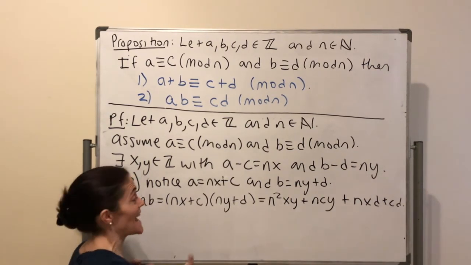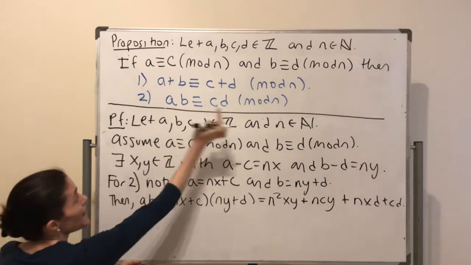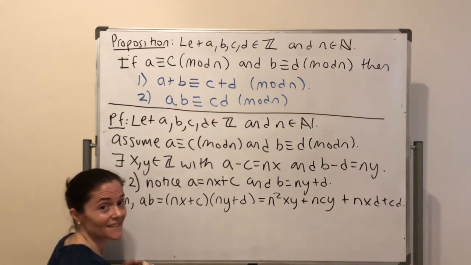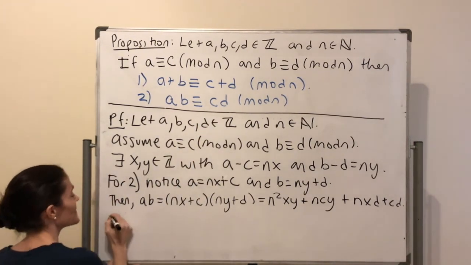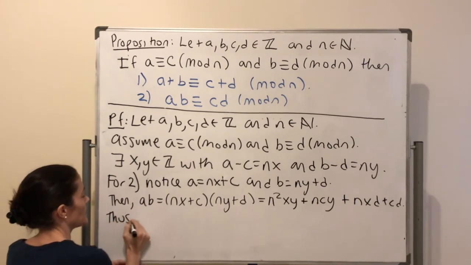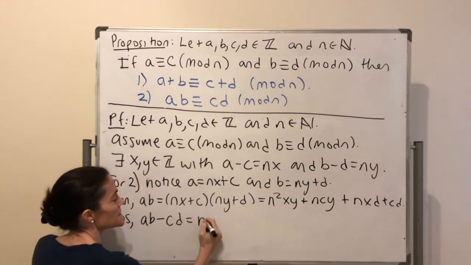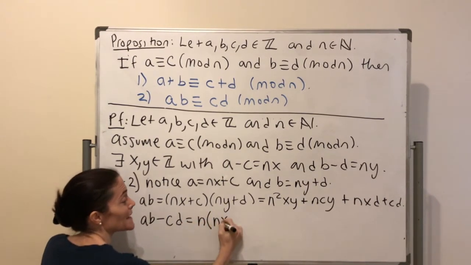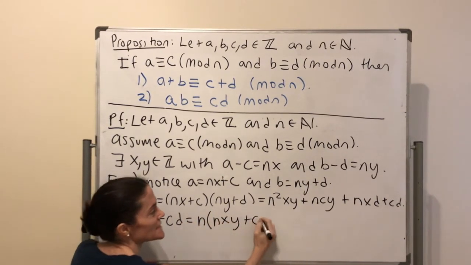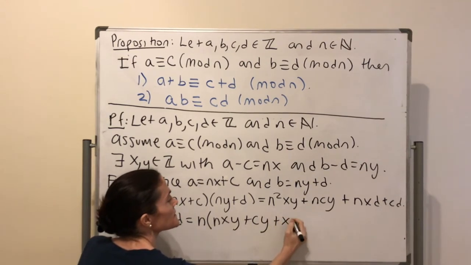Now we want to say that AB minus CD is a multiple of N, and in fact we have it. If we just subtract, AB minus CD is N times NXY plus CY plus XD.